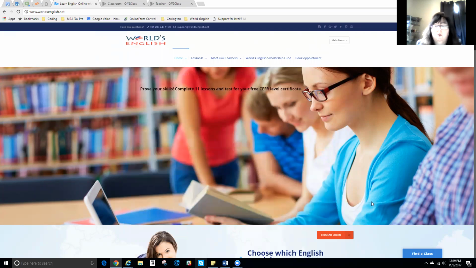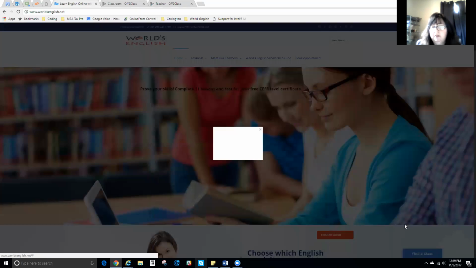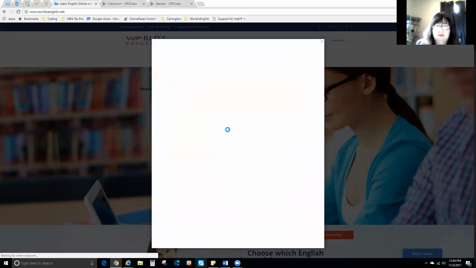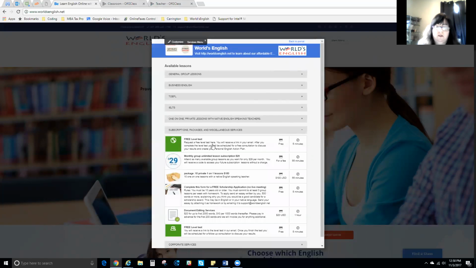If you enroll in a level test, we'll create an action plan that will give you a list of those lessons. And then you'll have a list that you can check off. So to enroll in a level test, you'll click on Miscellaneous Services here, and you'll find it right here, Free Level Test.